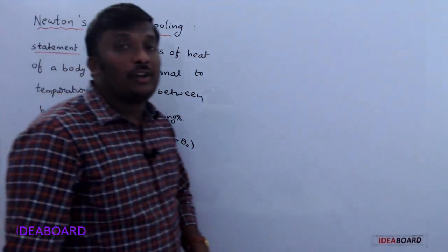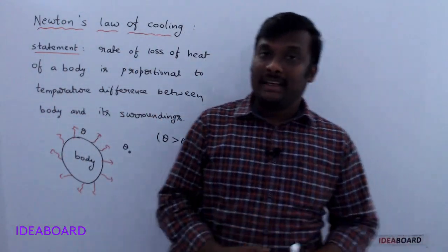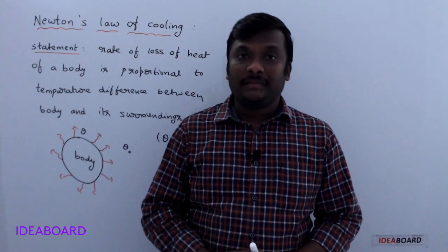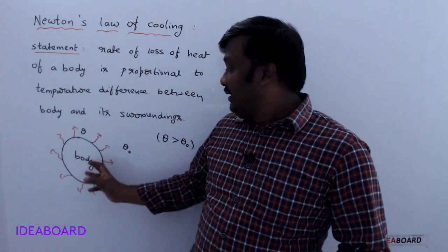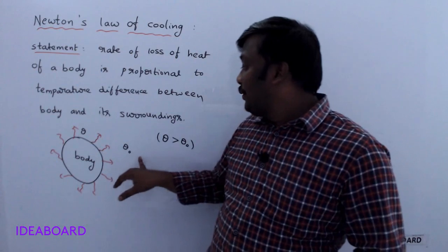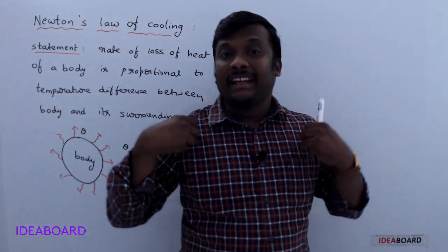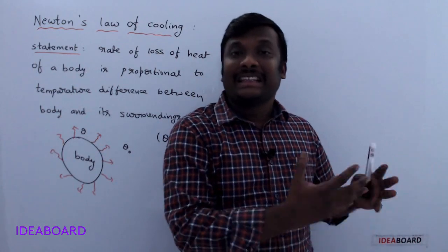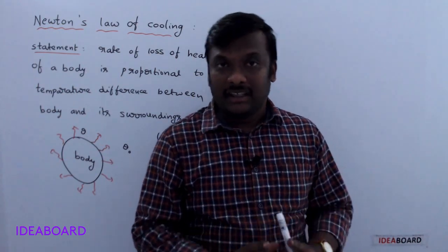According to the previous heat exchange theory, every body emits and absorbs radiations. Here the body temperature is more than the surrounding temperature, hence it loses more heat radiation than it absorbs. Is it clear?